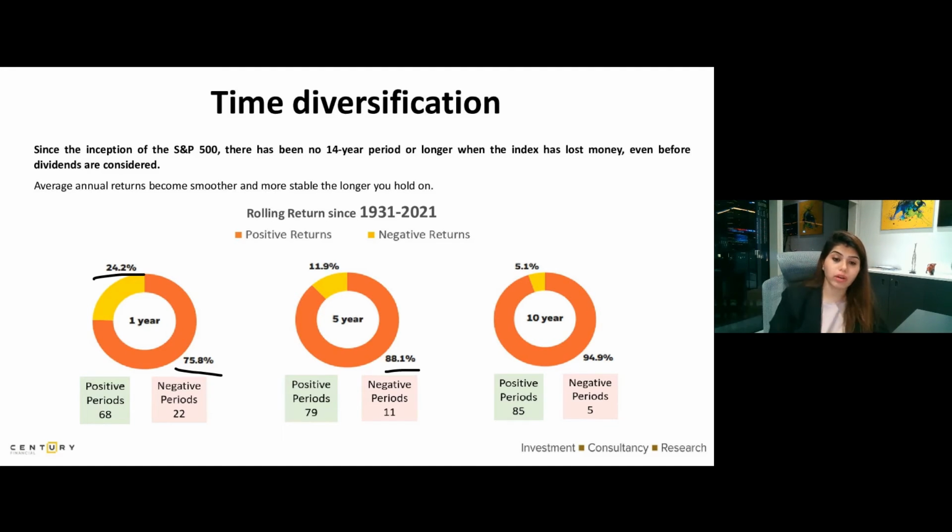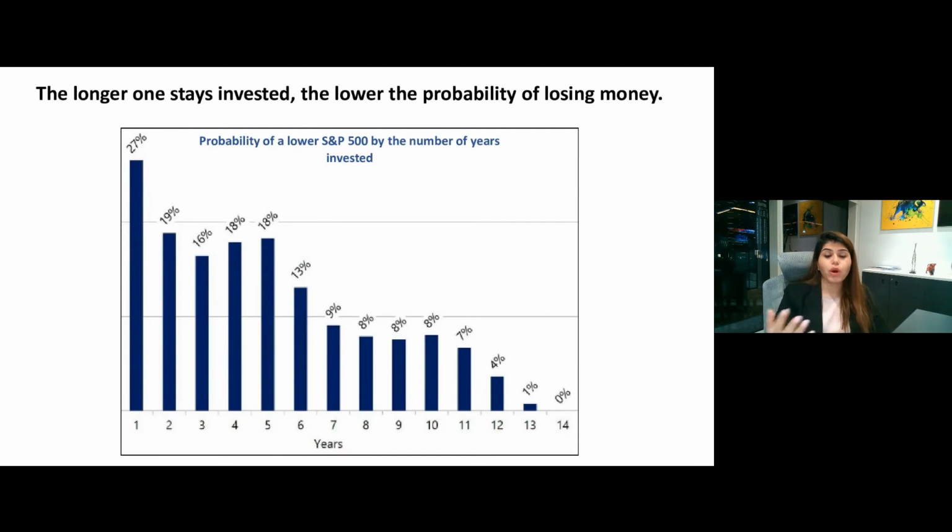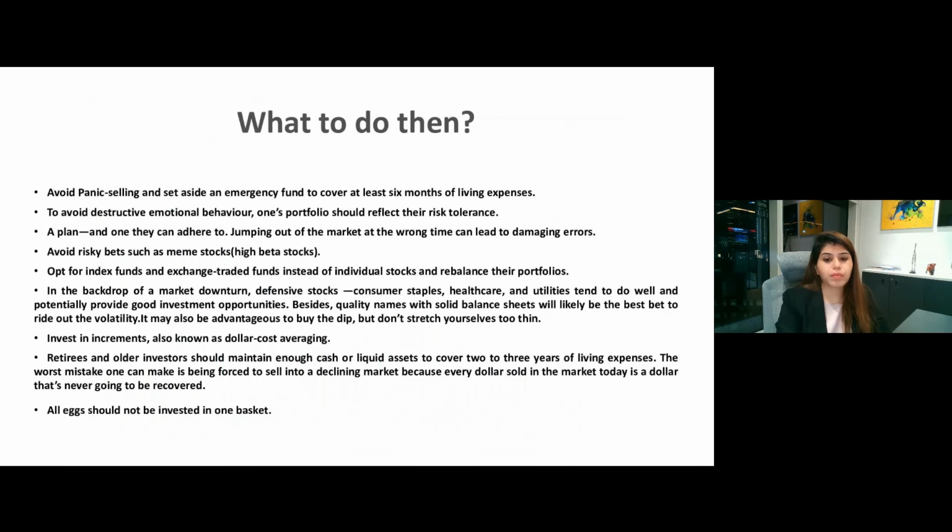Of course, there are always exceptions, but if you keep averaging regularly in a systematic format, and if your fundamentals are clear, and if your goals are set and clear, then sticking to a plan is what actually works out. So what exactly can be done? This is a chart which basically shows that the longer you are invested in the markets, your probability of losing money drops.